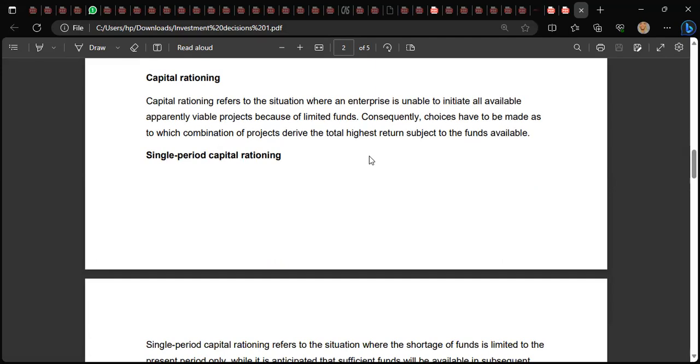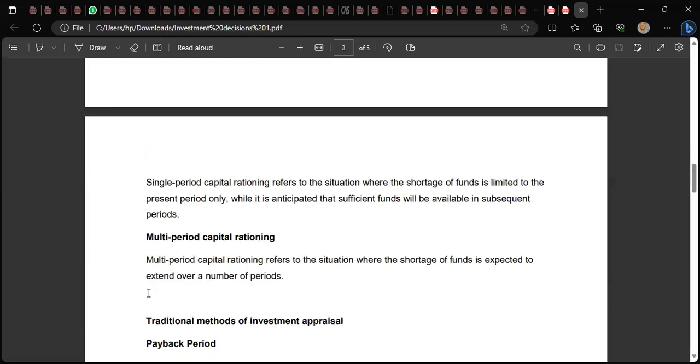This is normally the case, unless maybe you run the Reserve Bank or something and have access to unlimited funds. Single period capital rationing only applies in a single period, and multi-period capital rationing is a shortage that is expected to extend over a number of periods, right?